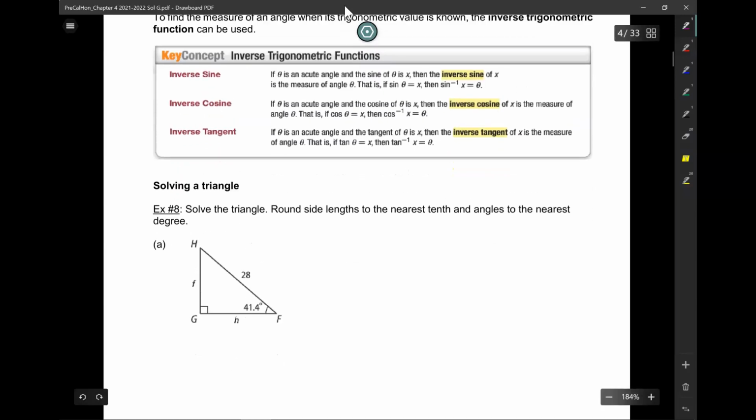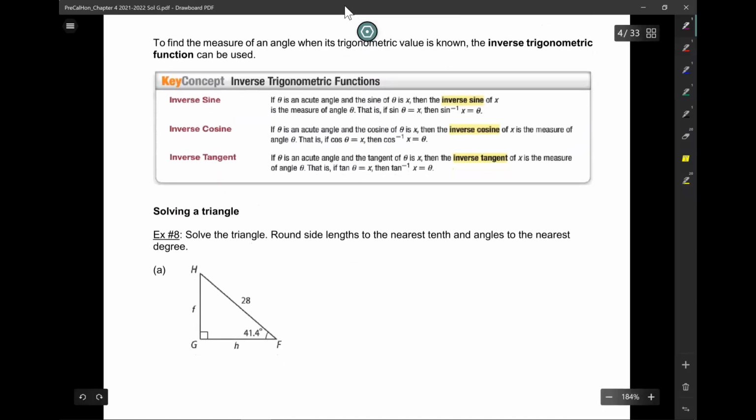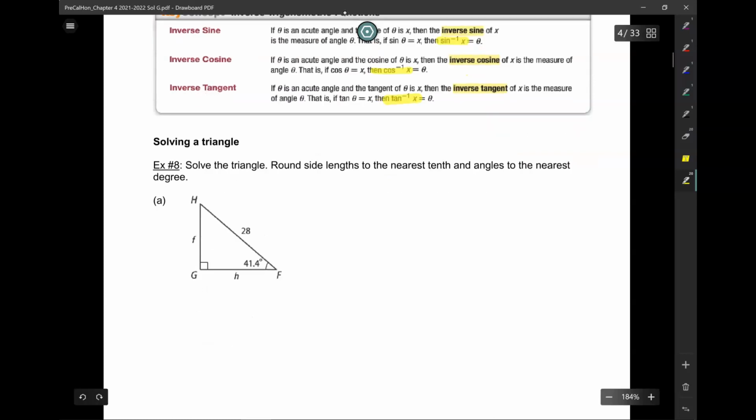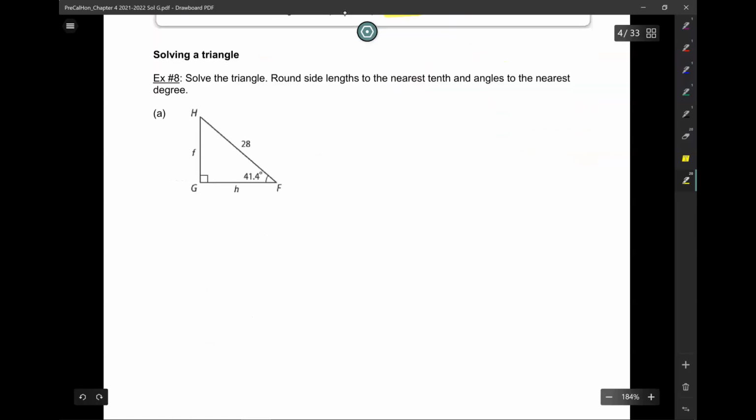It's a given. Now, in this problem, we had to look for a side. But if we have to find an angle, then we use the inverse trig functions, and those are inverse sine, inverse cosine, inverse tangent.